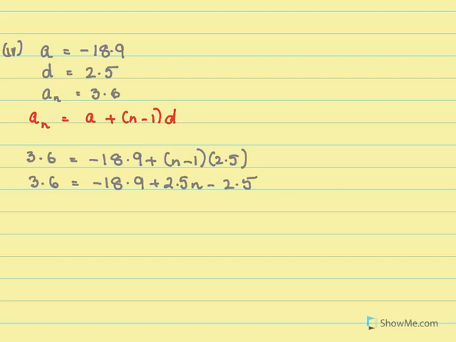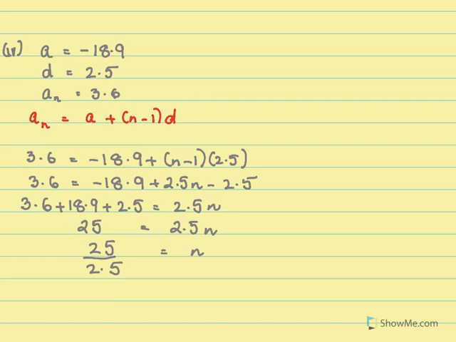The minus 18.9 comes to this side and becomes plus 18.9. The minus 2.5 changes side and becomes plus 2.5, equal to 2.5n. When you add up all these, you get 25. So 25 equal to 2.5n, n equal to 25 over 2.5. To remove the decimal, I multiply by 10, so n equal to 10. The number of terms in this AP is 10.